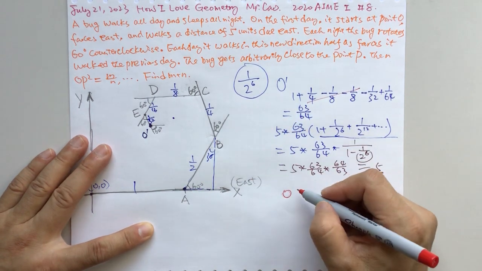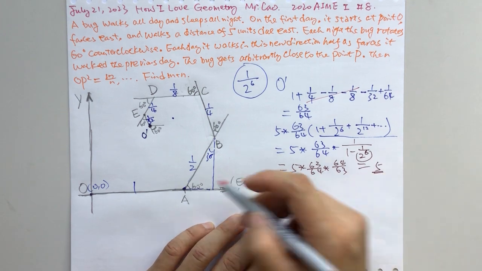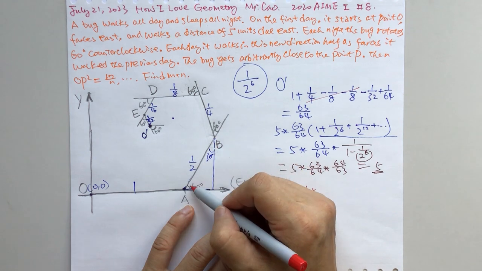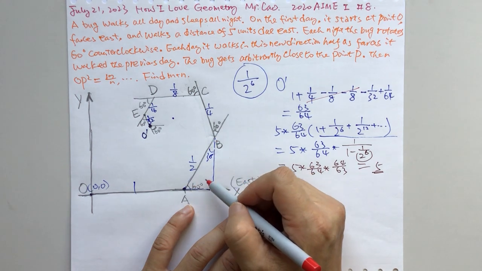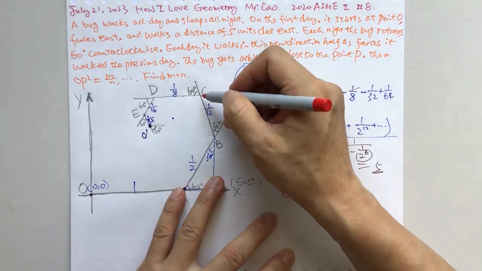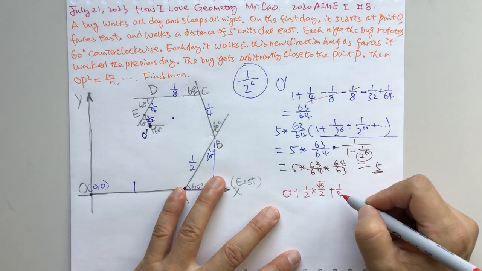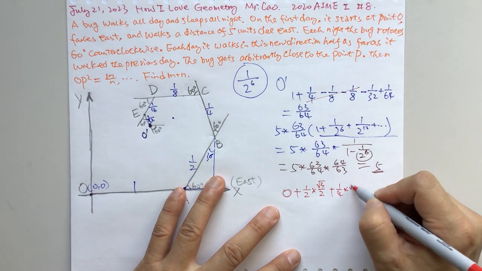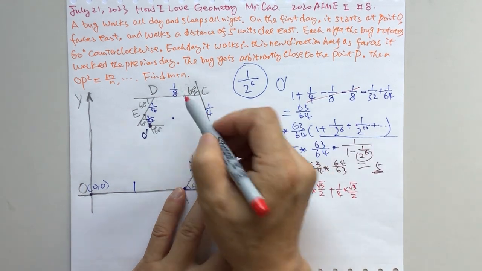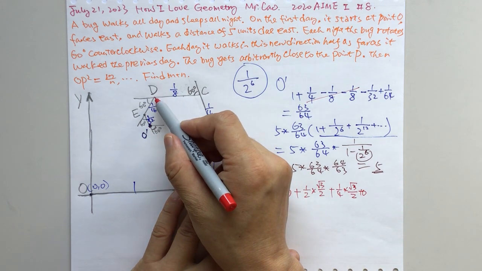Then for the next step, y is positive: 1/2 times sine 60 degrees, so square root of 3 over 2. The next one also adds 1/4 times square root of 3 over 2. Then there's no change for y.